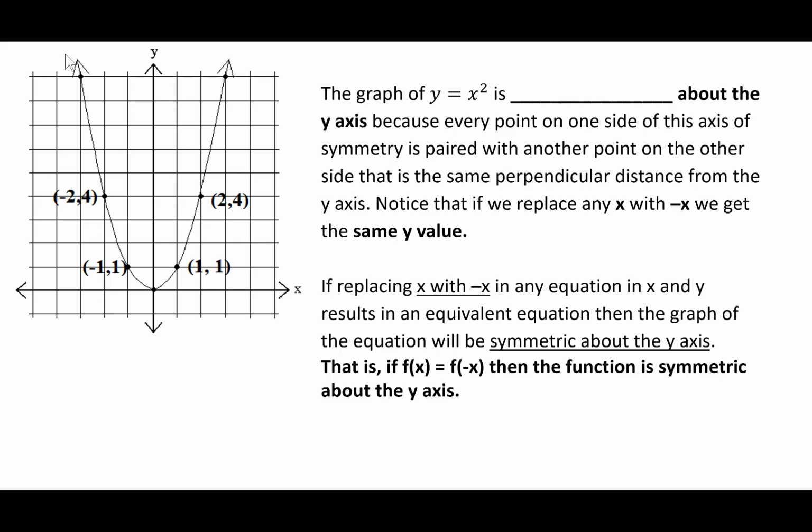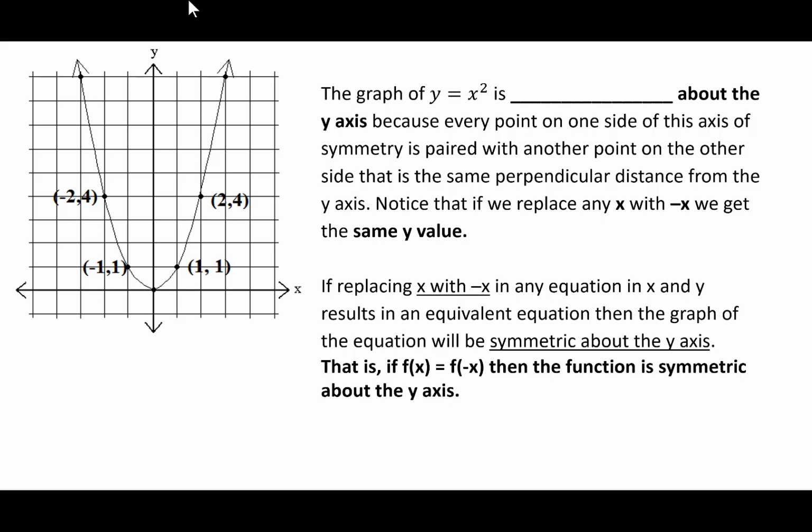So we're going to talk a little bit about what it means for a graph to be symmetric about a certain line. So the graph of y equals x squared is symmetric about the y-axis because every point on one side of this axis of symmetry is paired with another point on the other side that is the same perpendicular distance from the y-axis.